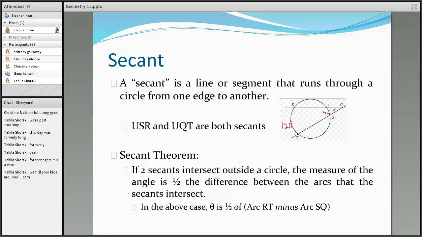It looks probably a little bit less than 120, but let's pretend it's 120. If we want to figure out what theta is, theta being angle QUS, or you can call it TUR, the thing that's marked theta, in other words this angle over here, would be 1/2 of the difference between 120 and 40.